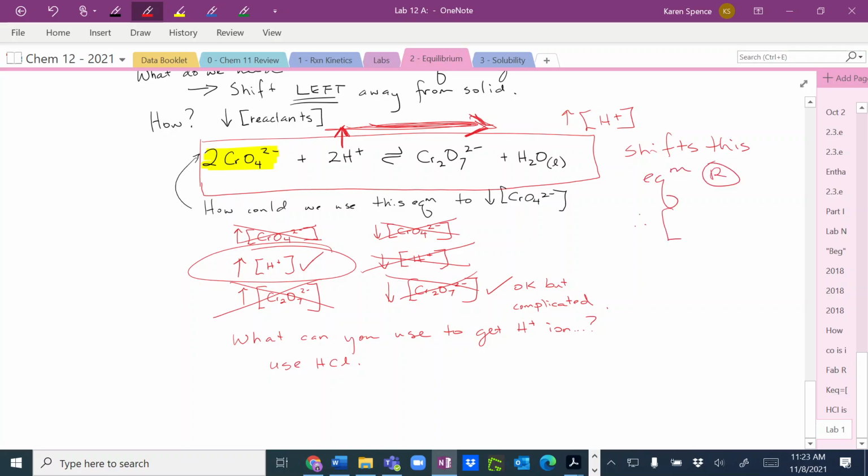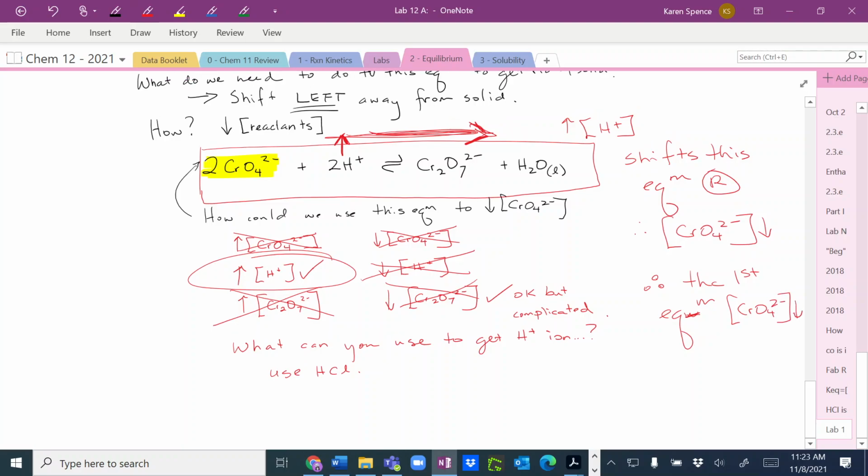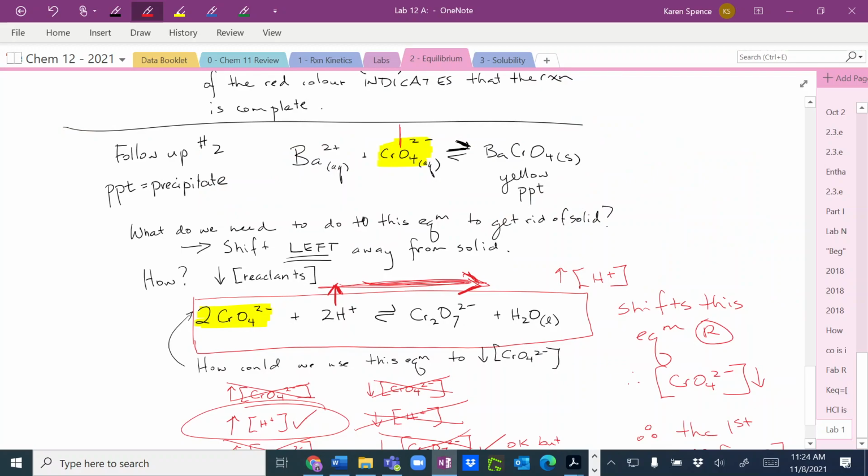Therefore, the concentration of CrO4 2- decreases. Therefore, in the first equilibrium the concentration of CrO4 2- decreases, which means that it will shift to the left, away from the solid.